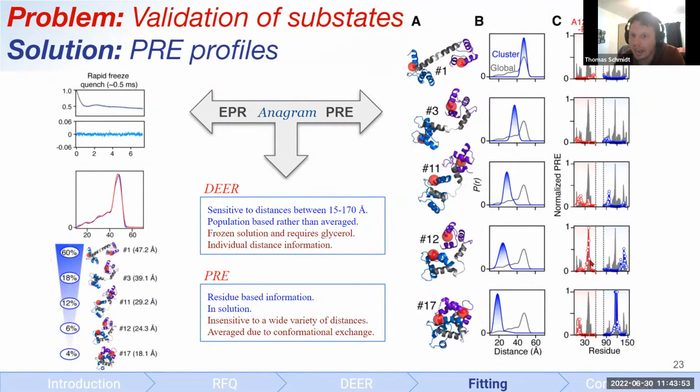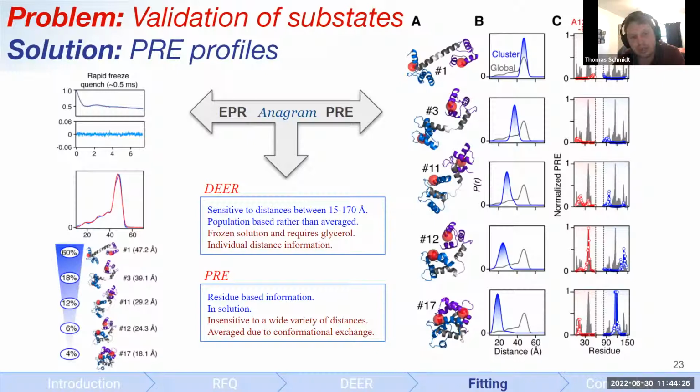And lo and behold, I actually reproduce that very big spike with this conformation and some of the C-terminal tail right here. And in 17, again, we reproduce that big spike. So if one goes right through it, those conformations actually reproduce the PRE profiles from the liquid state NMR. So this really gives a lot of checks and balances.